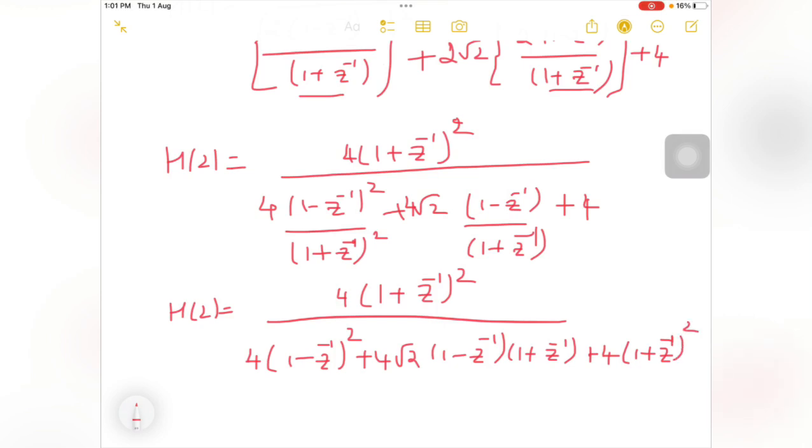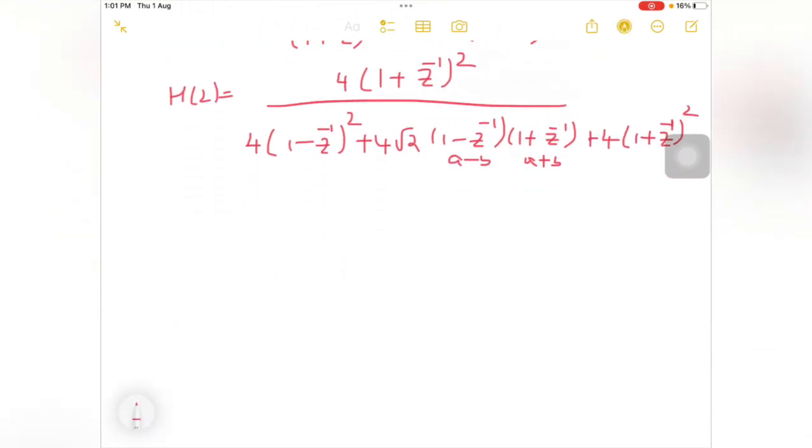Okay, so this will be in the form of (a minus b) into (a plus b). Simplify. So this is (a minus b) whole square, this is (a plus b) whole square.